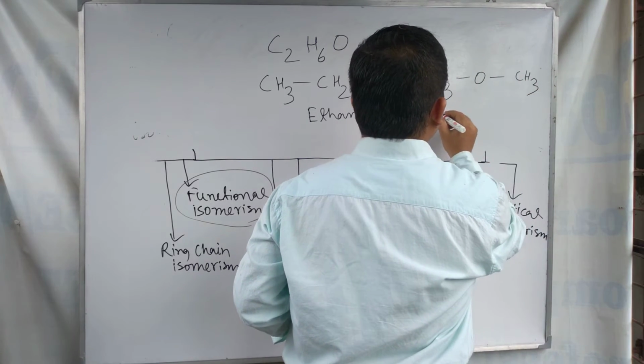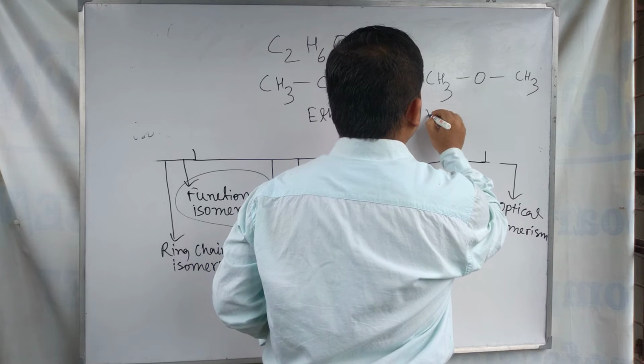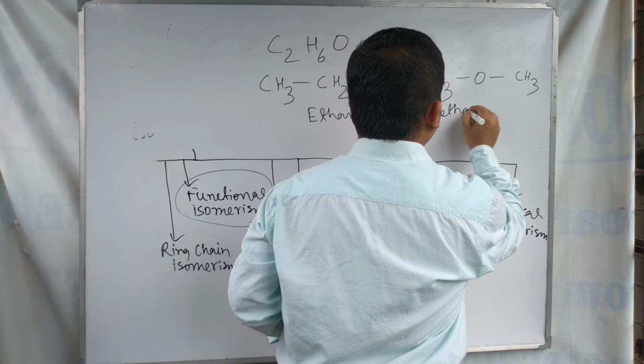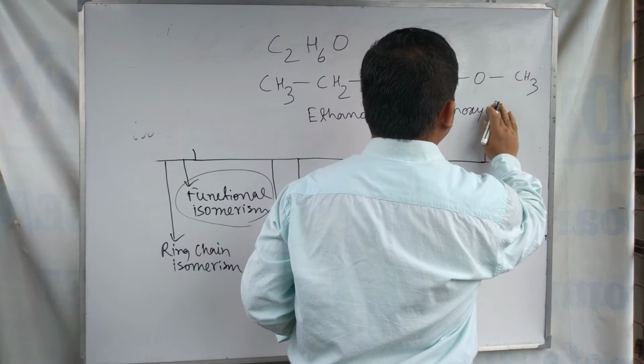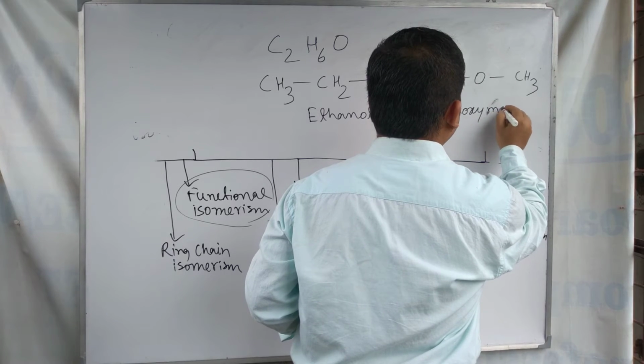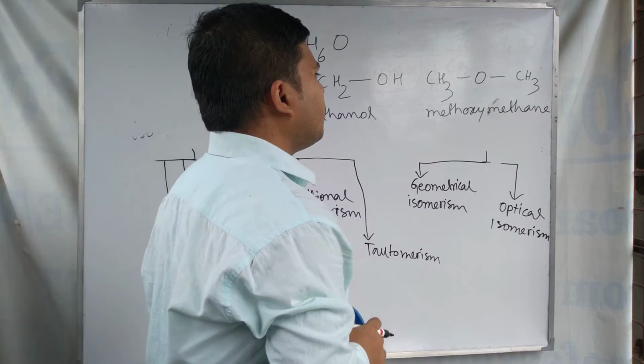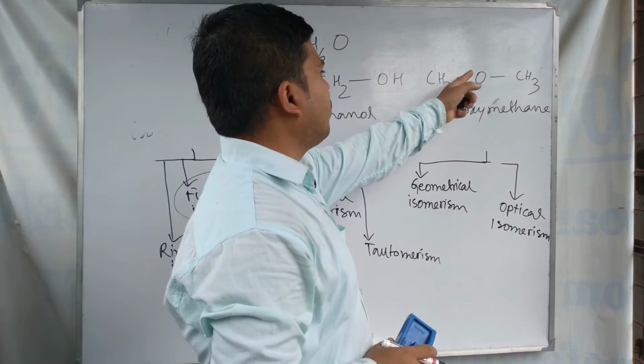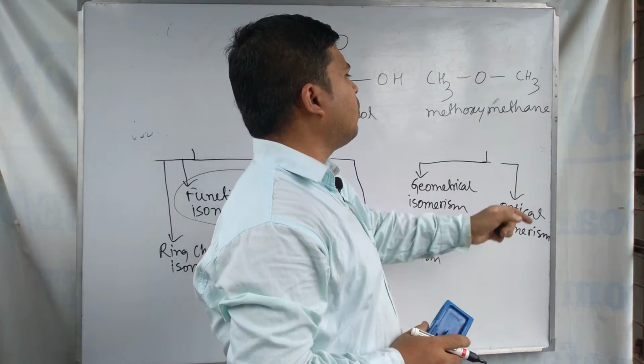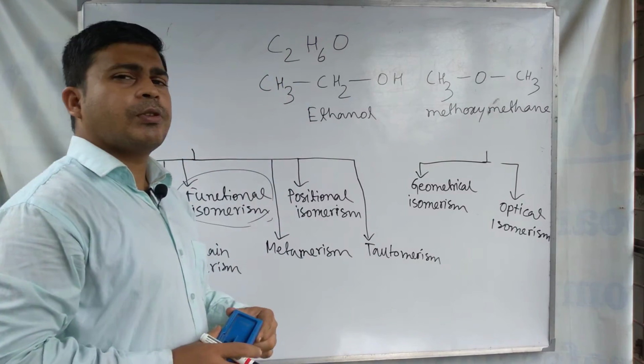Using this molecular formula we can write another compound. This is called methoxymethane, because it has a methoxy group and one carbon methane. This is the IUPAC name of this ether.